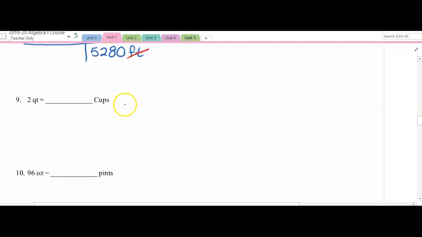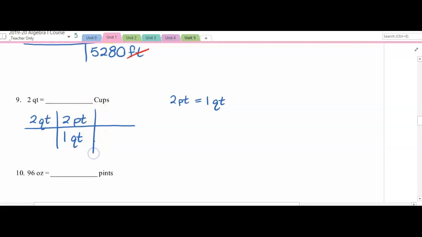2 quarts to cups. Well, let's see. I know that there are 2 pints in 1 quart. So I could put 1 quart on the bottom and 2 pints on the top.